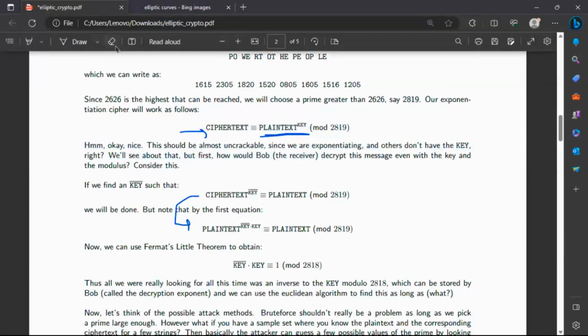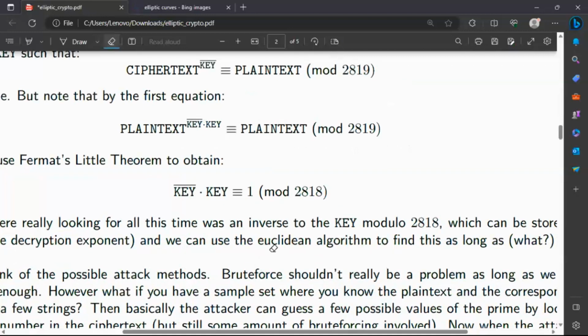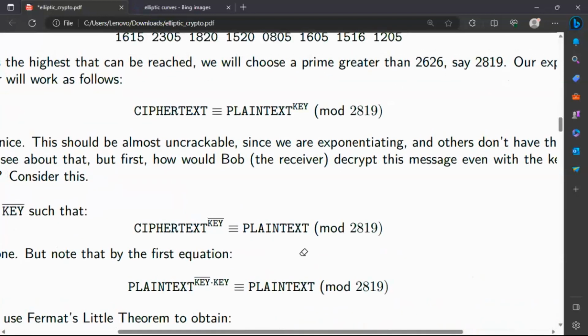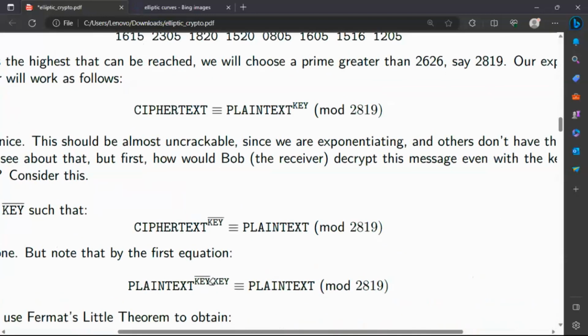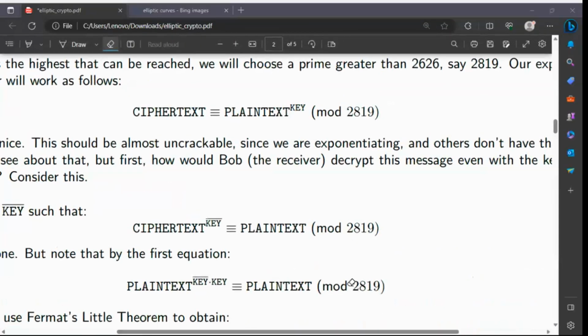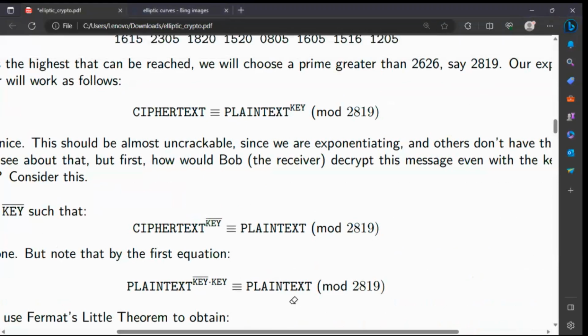Now, what does this imply? Does anyone want to say what this implies? No one? Okay.